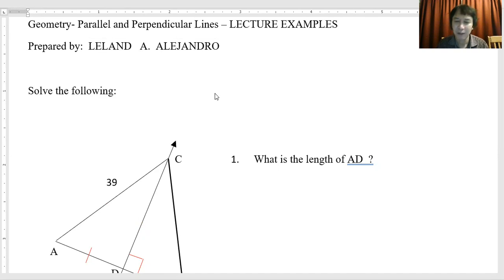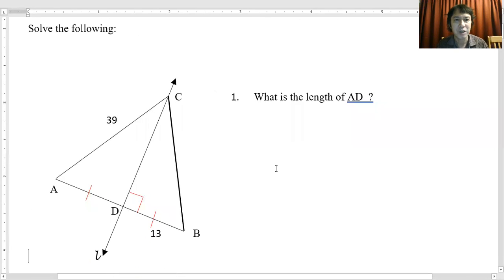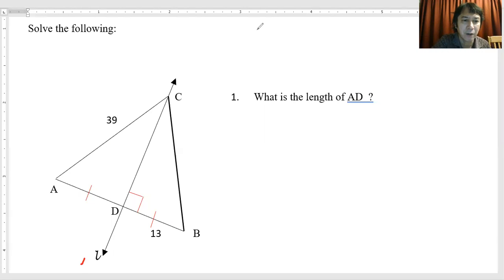Solve the following. We're going to see the figure, and you can see here like a triangle. But observe first the setup. You have a line segment AB being bisected by a line L. This is line L there.